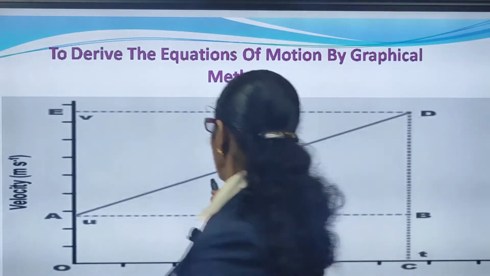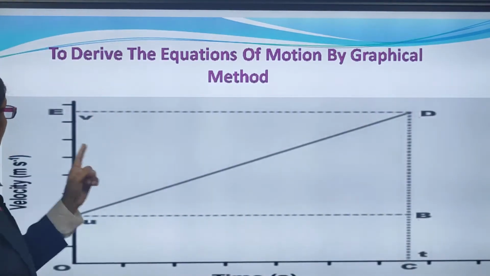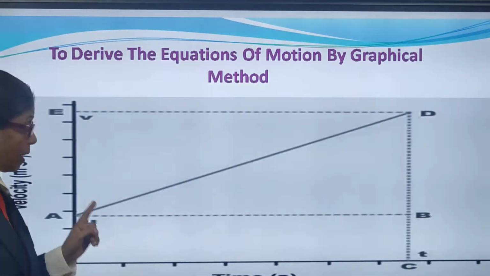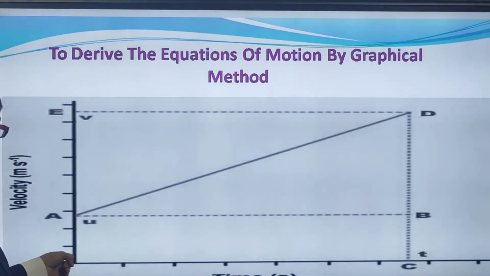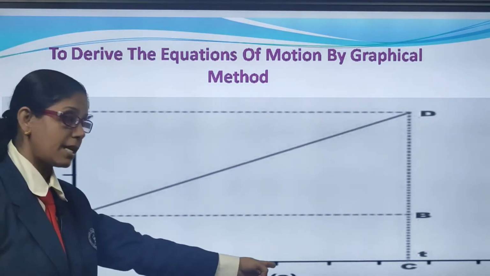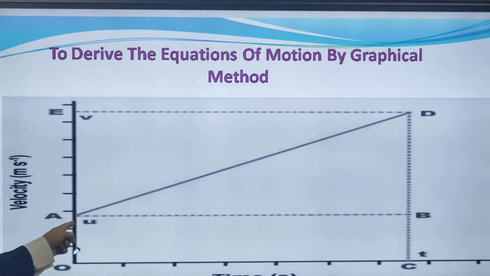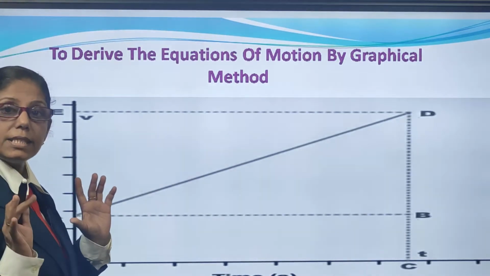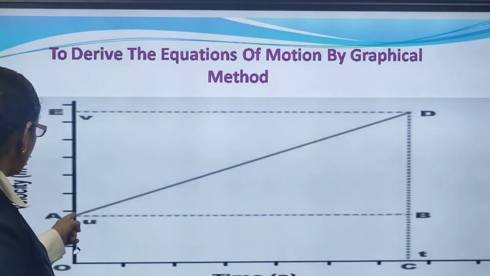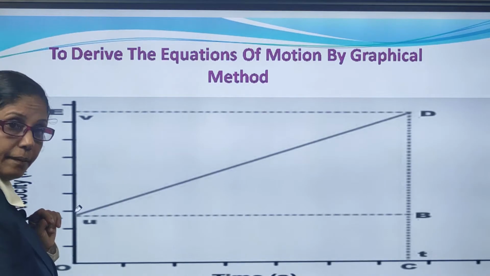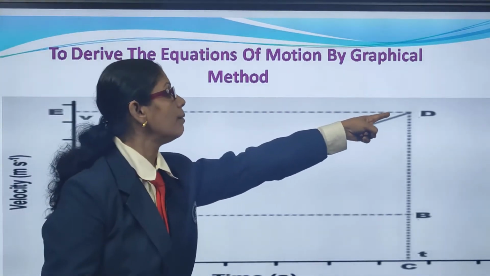Now, in order to draw the velocity time graph, already you know velocity is taken along the y-axis, time is taken along the x-axis. Now, see here, the body is already having some initial velocity. So, what is the initial velocity? A. And what is its final velocity?